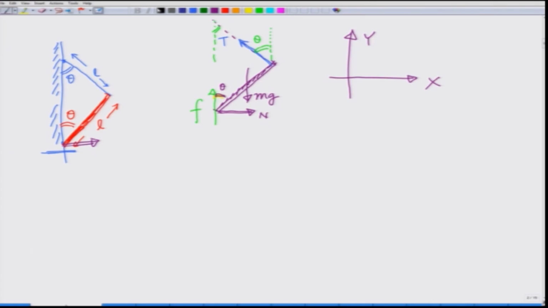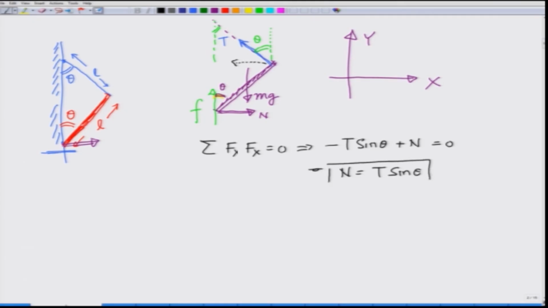Then for equilibrium, summation Fx equal to 0 gives me T, the tension has a component in the direction opposite to x. So, it is going to be minus T sine theta plus N is equal to 0. N is going in the positive direction, and this gives me N equals T sine theta. That is equation 1.